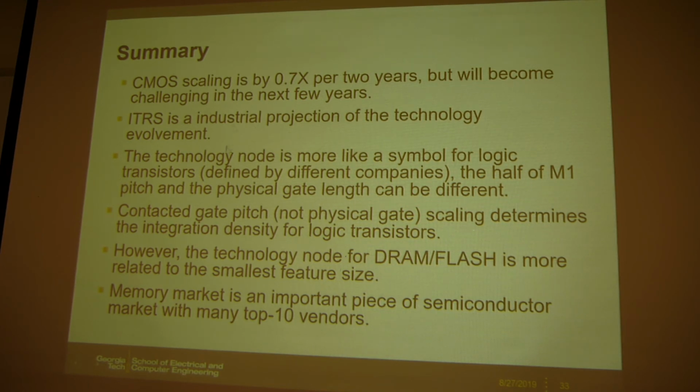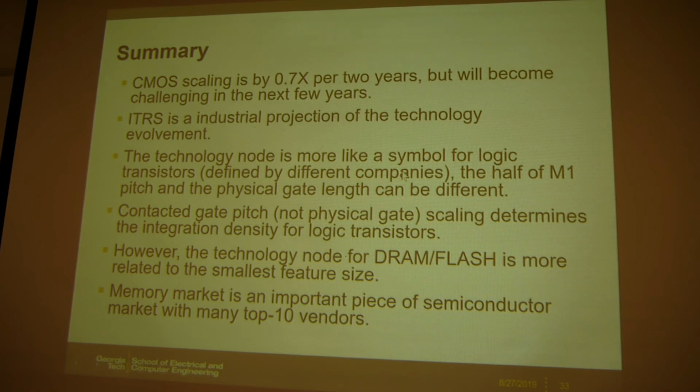ITRS is a projection, and the technology node, as I discussed, is more like a symbol for logic transistors. This can vary by different companies. That means this technology node does not correlate to the half pitch of metal 1 or the physical gate length. So those numbers can vary.